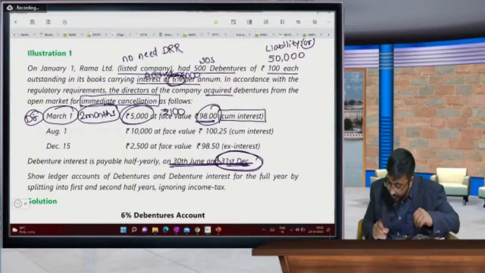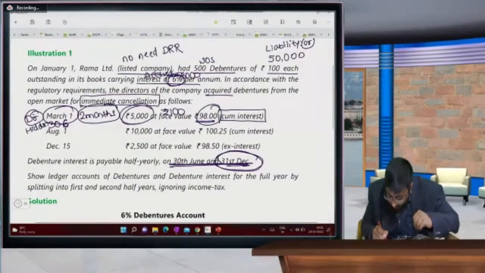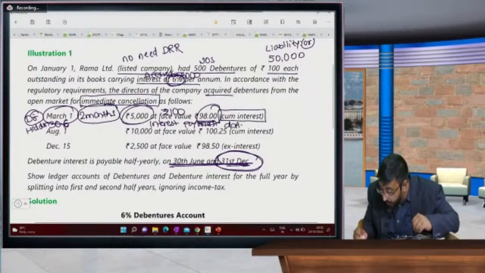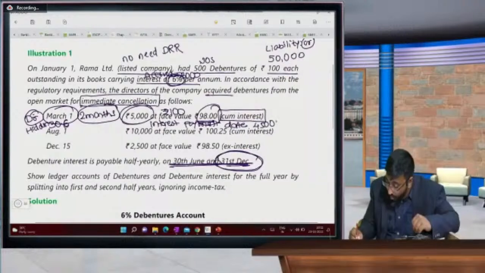Now beta, the second date is 30th June, the hidden date. You can write over there, hidden date, 30th June. Interest payment date on 45,000.